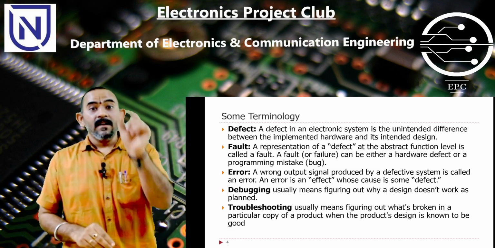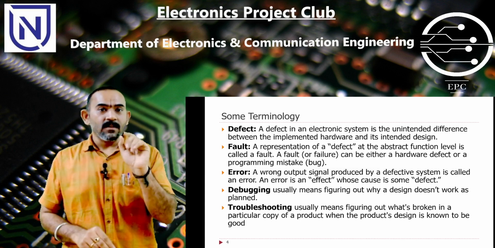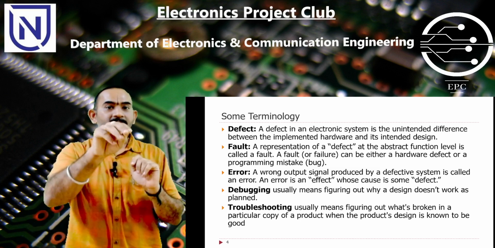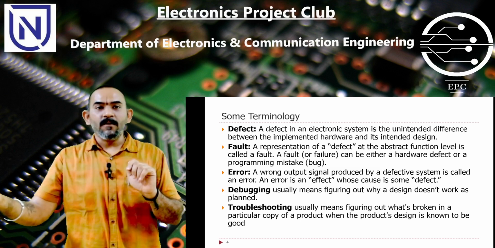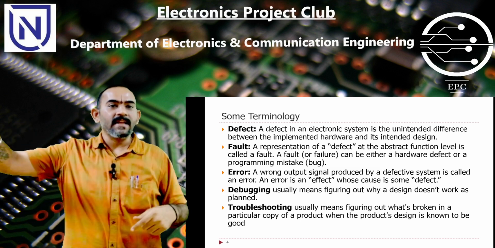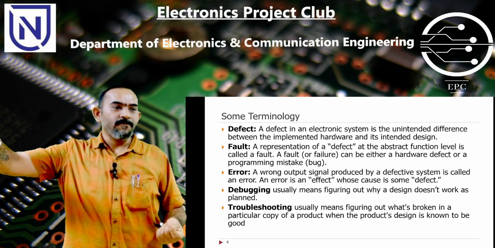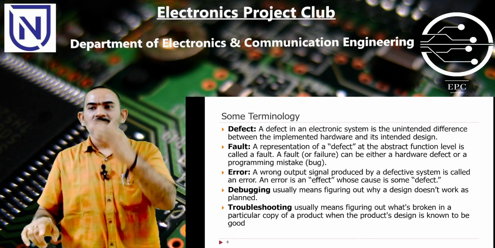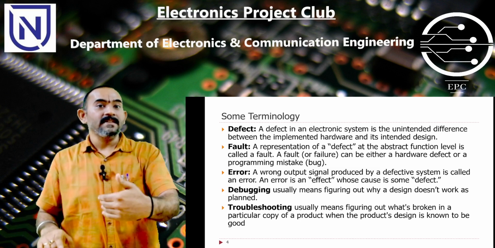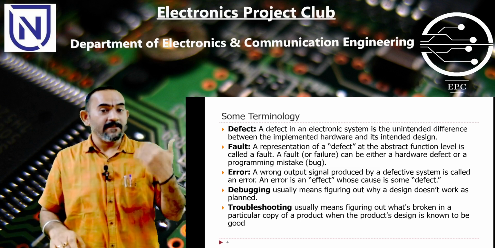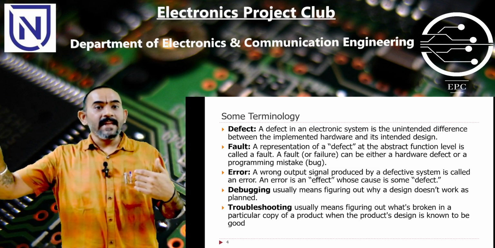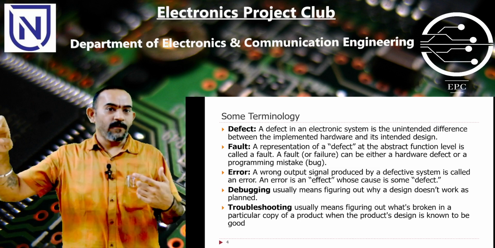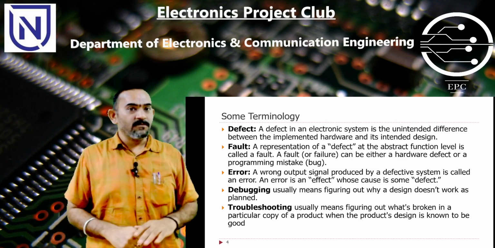Say I have a series resistor of 1k; not connecting that resistor is a defect. And what is the fault? Because I don't connect it, I am not getting any voltage. That is the fault. Is this clear? So not having that series resistor is a defect, and not getting voltage because of the absence of the resistor is a fault or a failure.